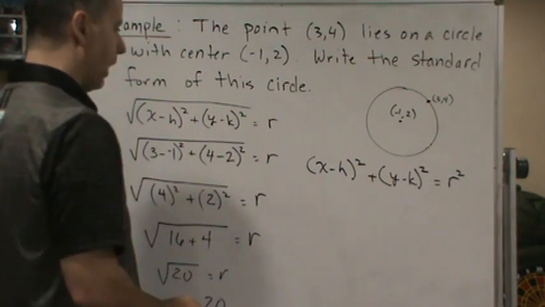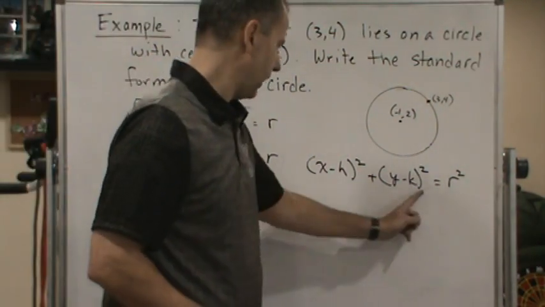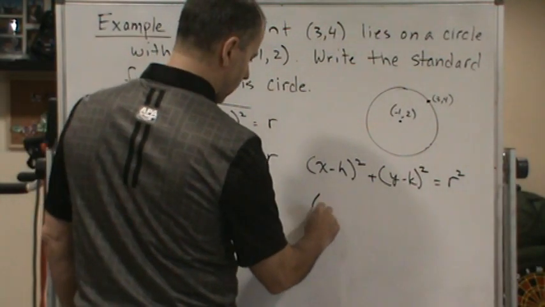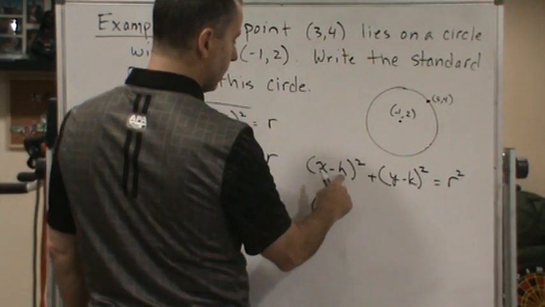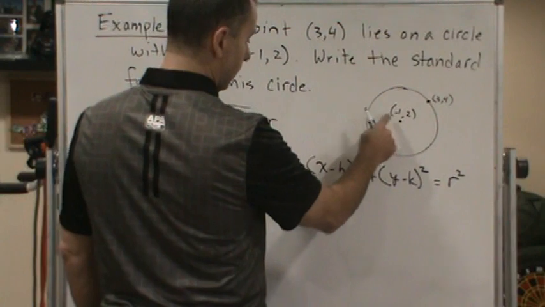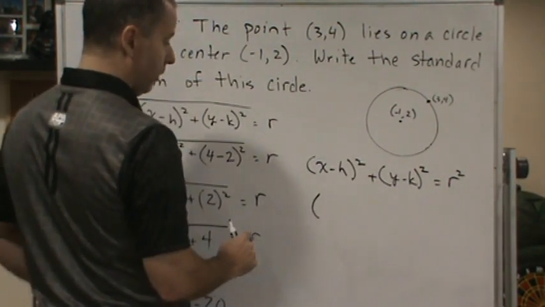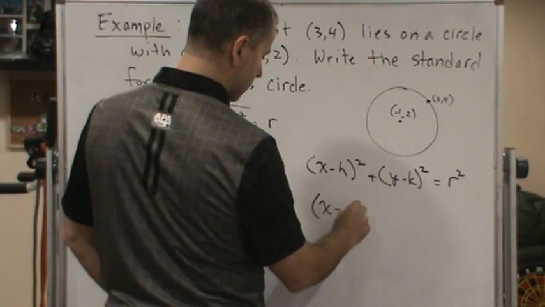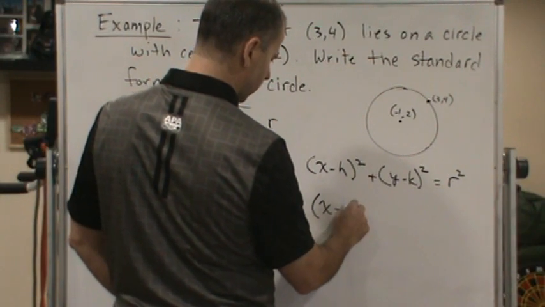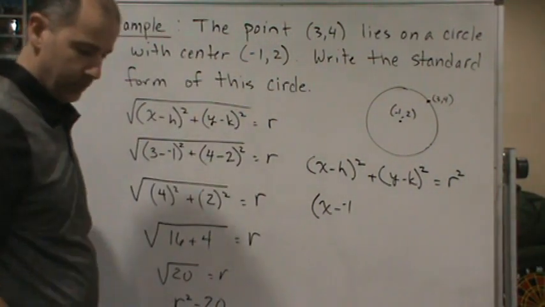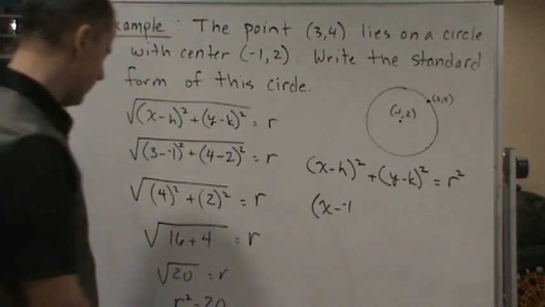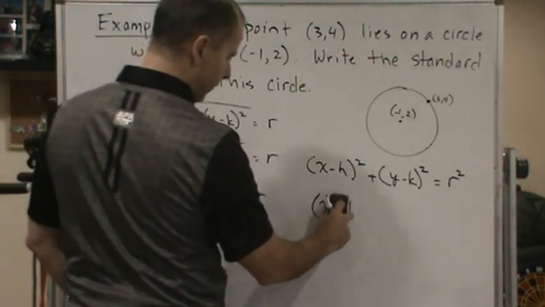All right, so now all we have to do is plug in for h, k, and r. Well, we know r, we know h, we know k. So this is going to be turned into what? x minus h, which is -1, so this is going to be x minus a -1. But in this case, we wouldn't want to leave it like this.